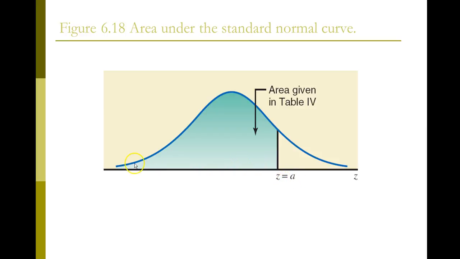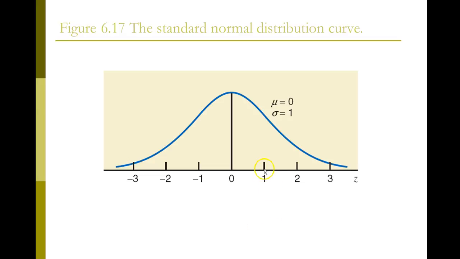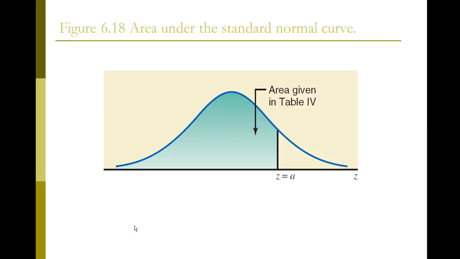What's the area to the left of 1? So in other words, if I asked you how much area is to the left of 1, now you know to the left of 0 is 50%, so it's going to be more than 50%. But how much more? Generally, we don't know that kind of answer. However, we can look it up in the table.